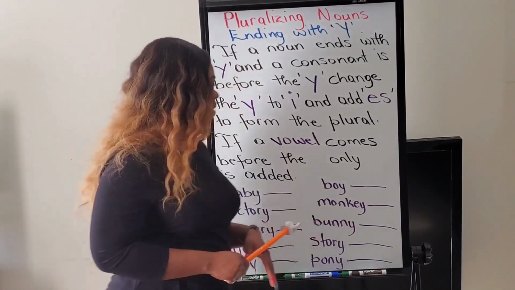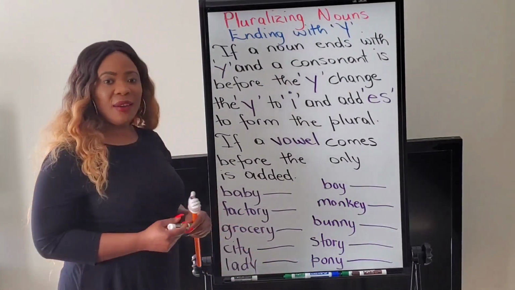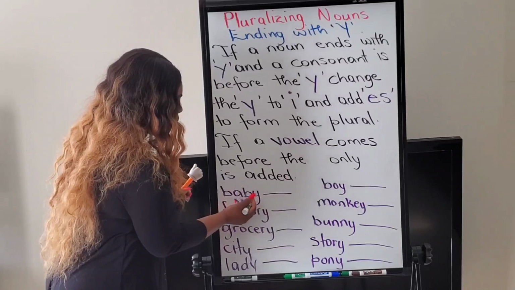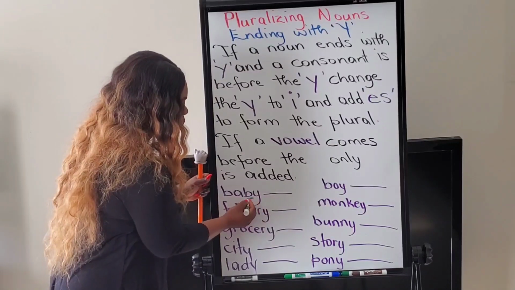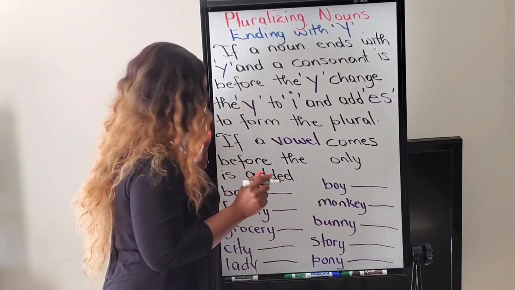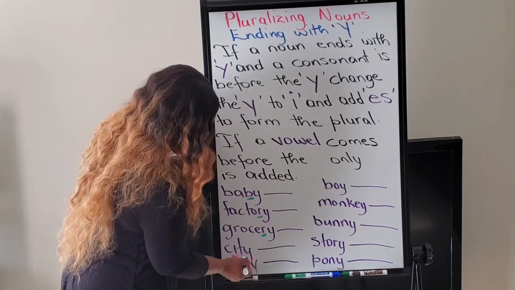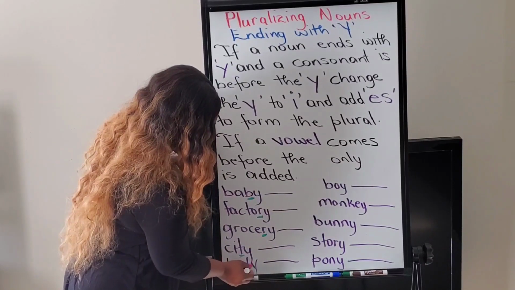Let us look at these. So baby, what is before the y? Is it a vowel or a consonant? So that's the first thing you'll do. You'll underline the letter that comes before the y, all right? So let's just go ahead and do all of these so that it's easier for you, okay?